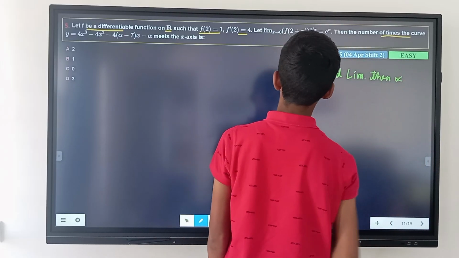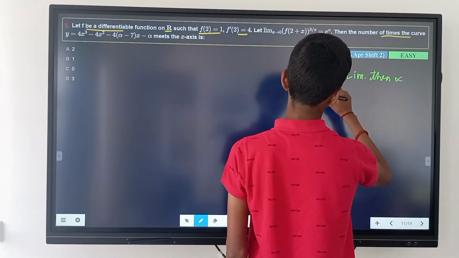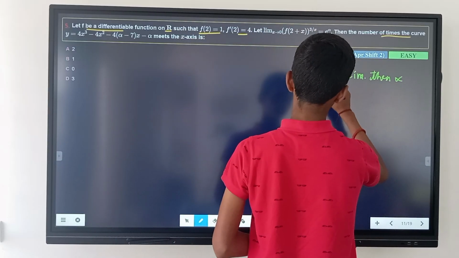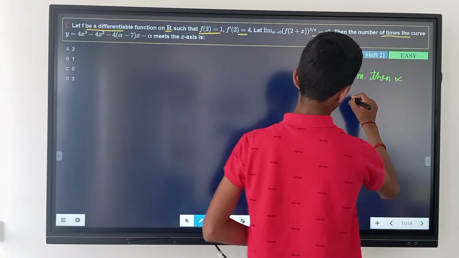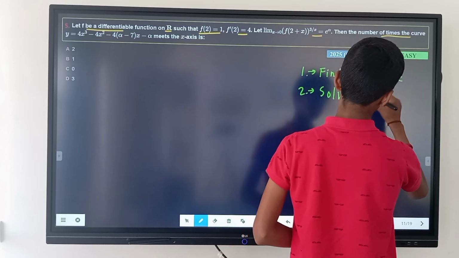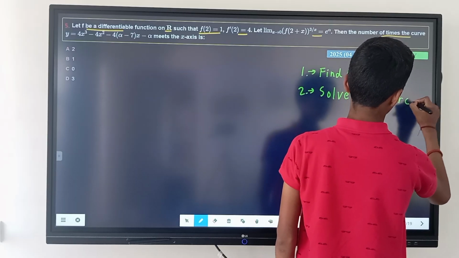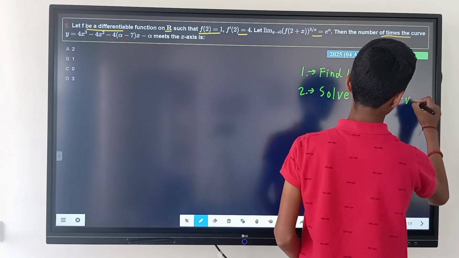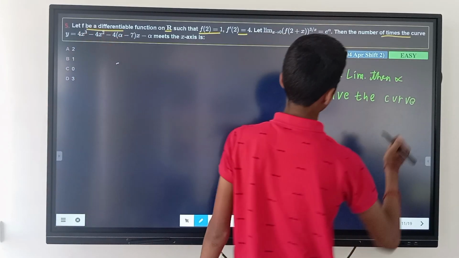Second step will be to solve the curve, which is actually a cubic equation. When we put the value of alpha, this will be a cubic equation.